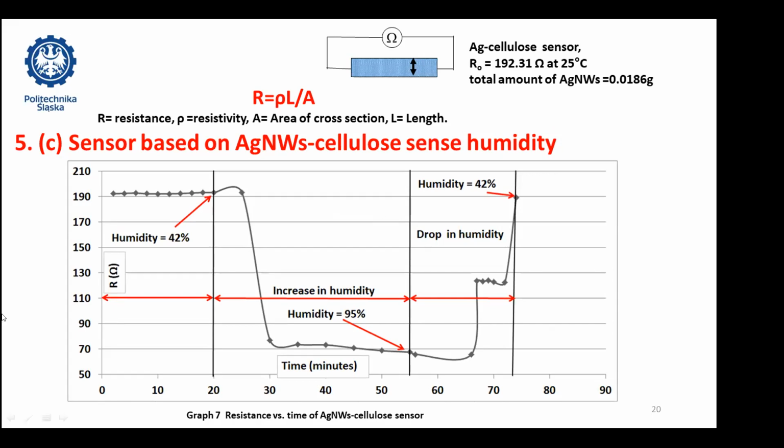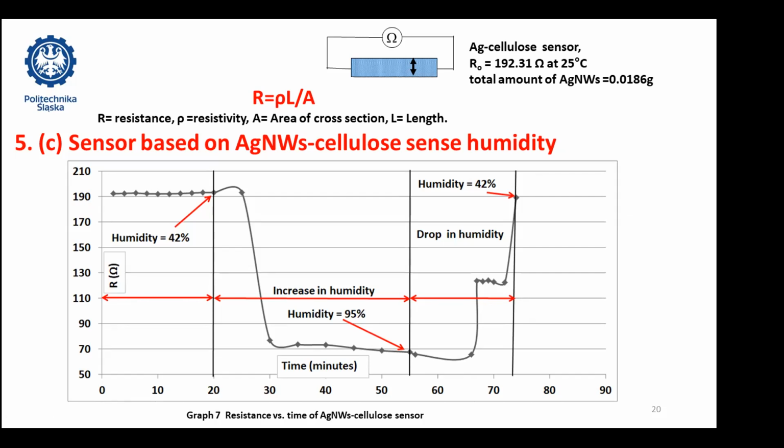So here it has 3 regions. I hope that you can see this. This is region 1, till 20 minutes, then 20 to 55 minutes is region 2, and after 55 to 70, this is region 3. I will explain what each is. In the first region, humidity is 42%.